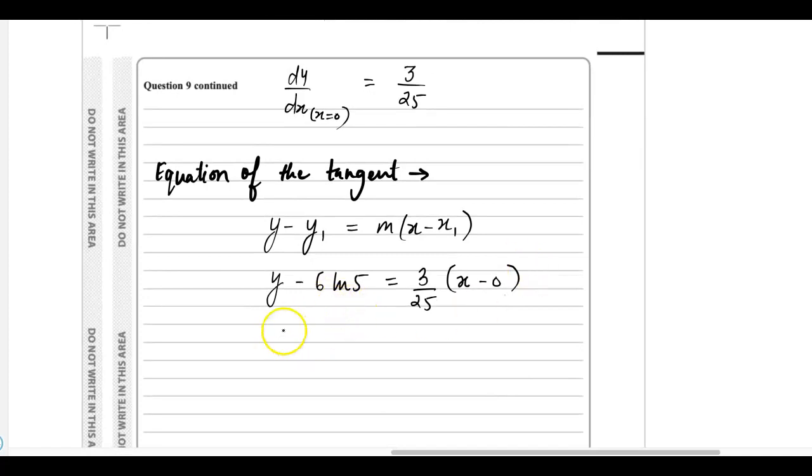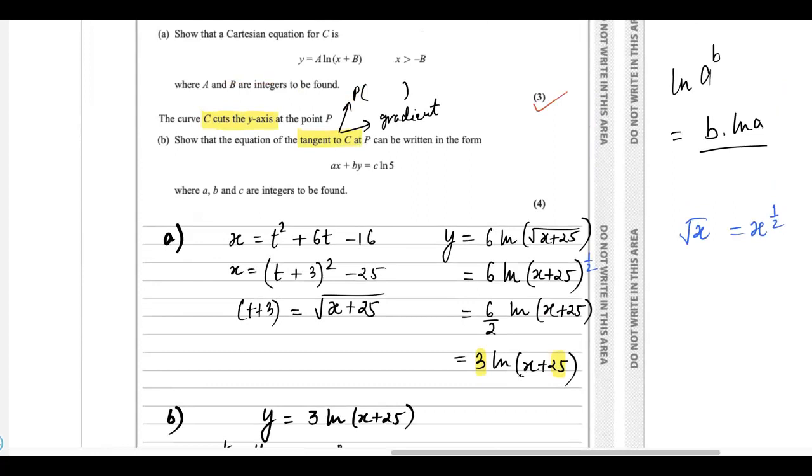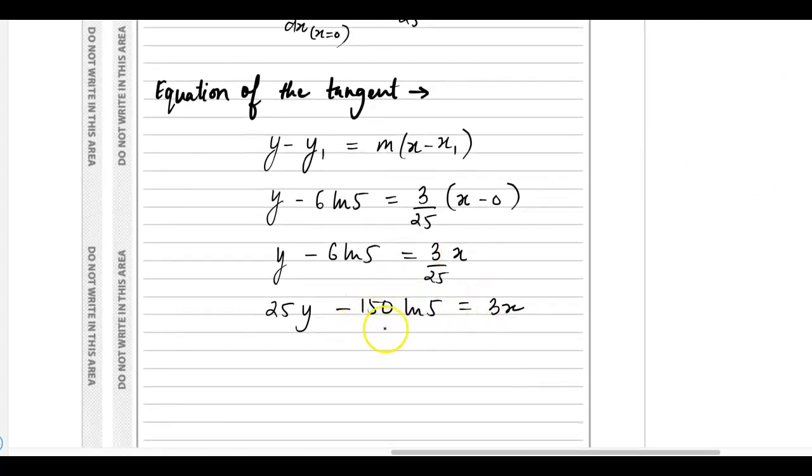Because I have started, I'm going to be completing it. y minus 6 ln 5 equals 3 over 25x. If you multiply by 25, you're going to be getting 25y minus 150 ln 5 equals 3x, because we have to represent it in the form ax plus by. So we are going to be moving this to the left, so we will be getting 25y minus 3x equals 150 ln 5, right?